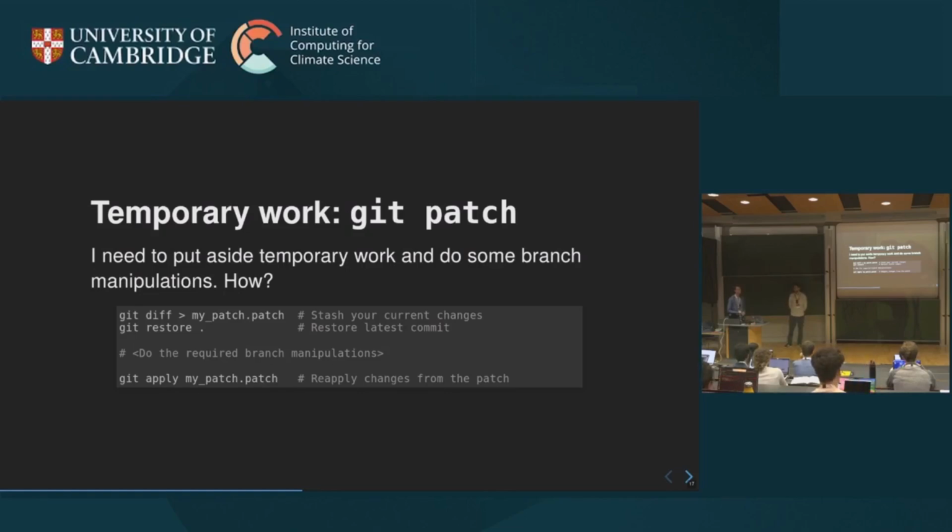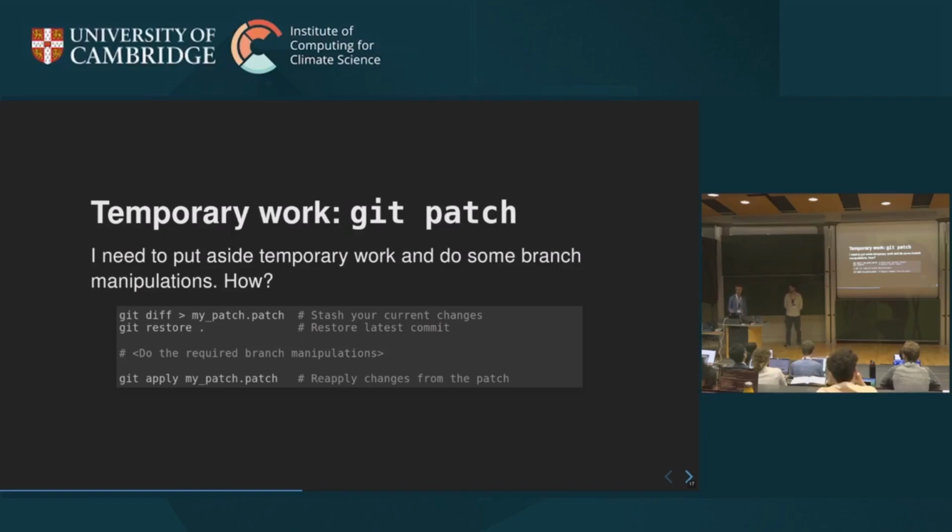So you can stash the changes by putting them into this patch file, do a git restore, which will get rid of all of the current changes, but it's okay because you've got them in this patch file. Then you make the required branch manipulations, and then you can use git apply on the patch file, and that will reapply them.